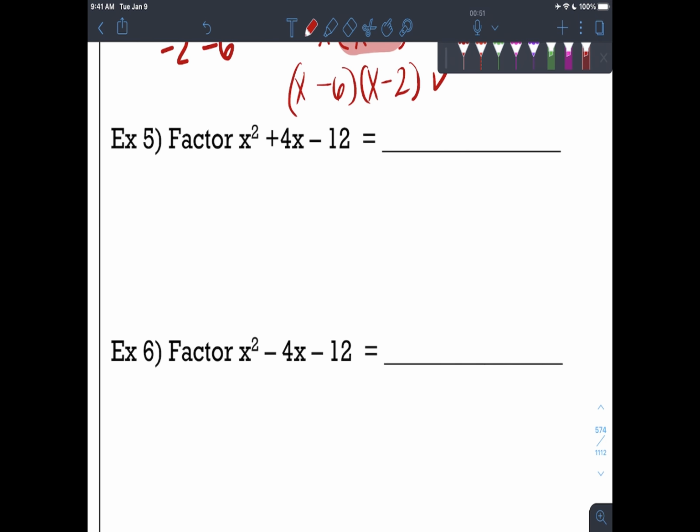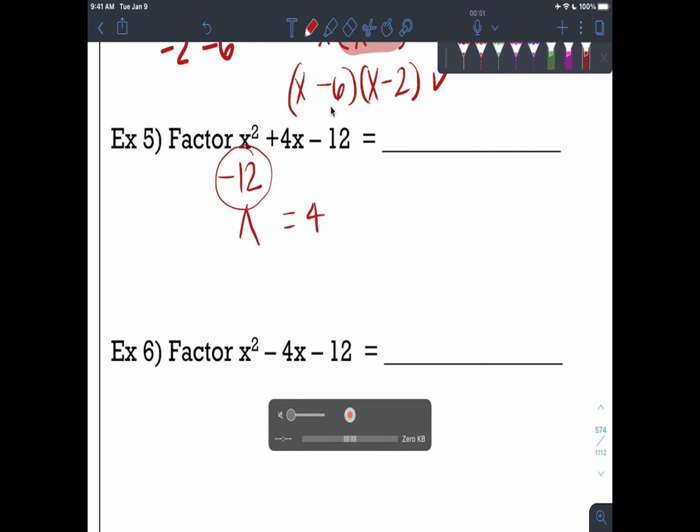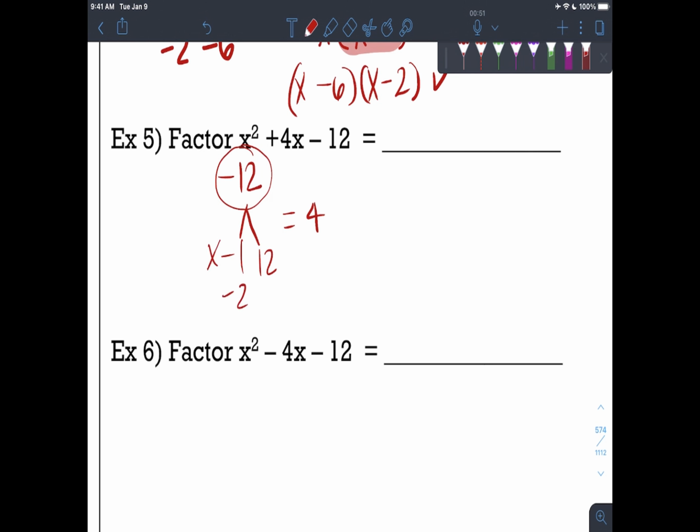So first thing I do, A times C, add up to B. So I'll say, all right, I know I'm going to have at least one negative number because they multiplied to give me a negative. So it's one negative, one positive. And the positive number has to be bigger because this is positive whenever they're added together. So I'll say, all right, -1, +12, no. -2, +6, yes, those are the numbers.